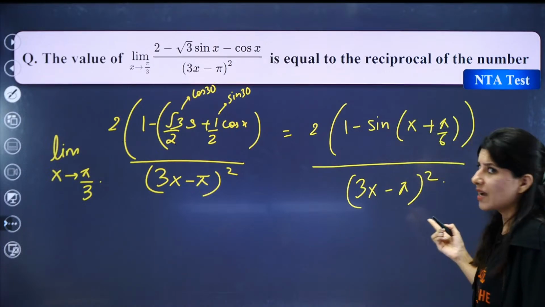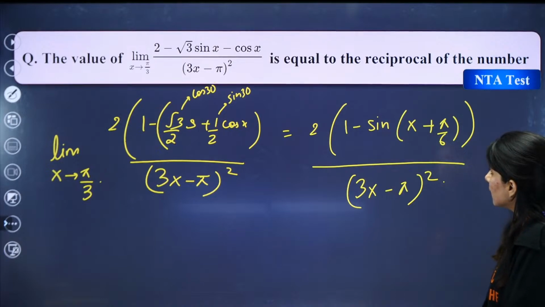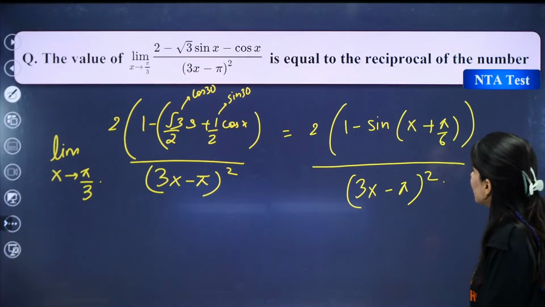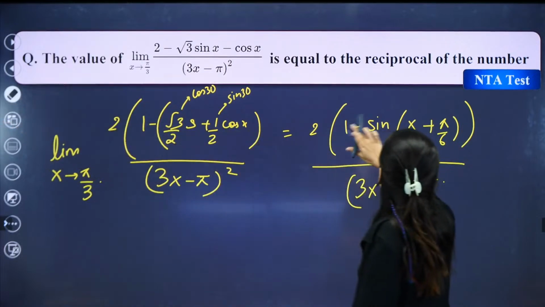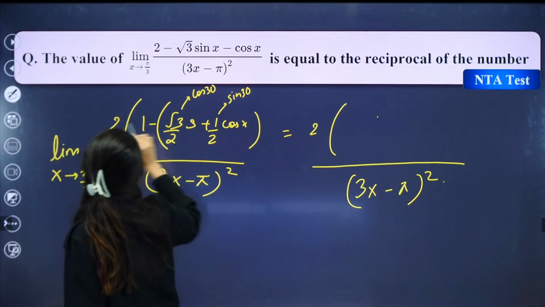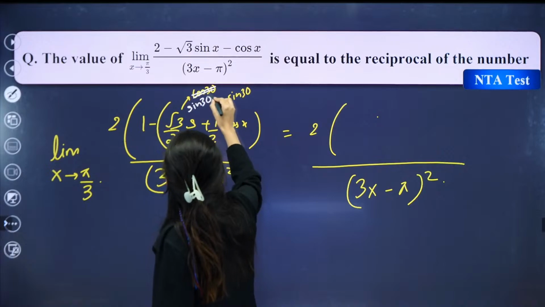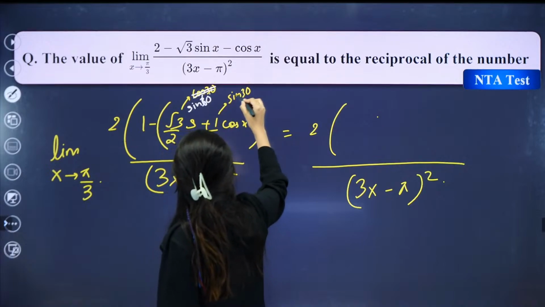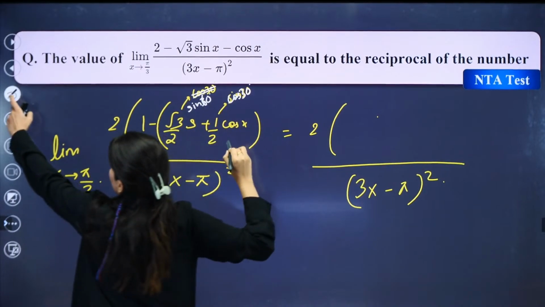30 degrees is pi by 6, right? Am I correct? Or rather, it's better if I write it this way. Sorry, we have to write this in cos form.